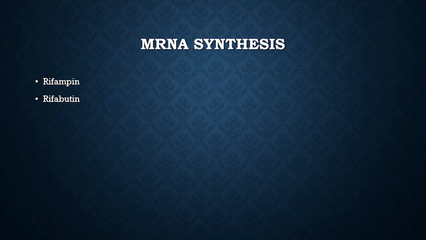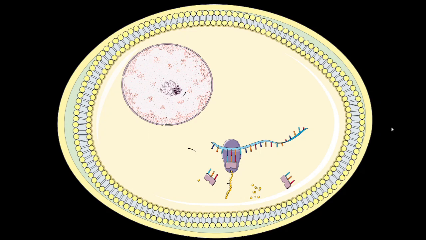If we move to the next class or mode of action, we have mRNA synthesis. The drugs are going to be rifampicin or rifabutin. These drugs are mostly used in TB. Let's focus again on only the nucleus.